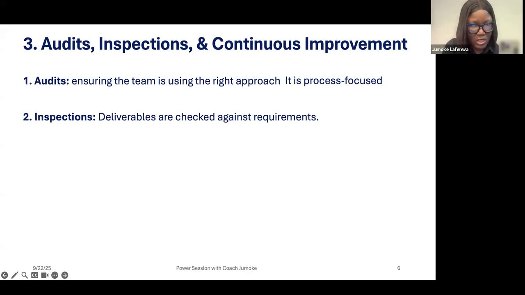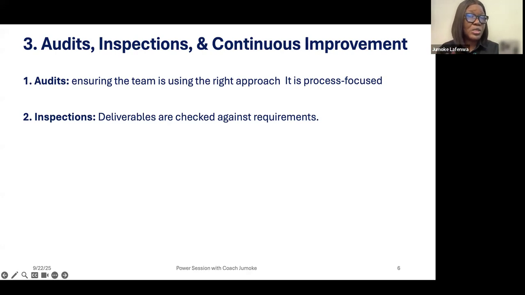This is the jollof rice. The color looks like what she wants. The taste looks like what she wants. The texture feels like what she wants. That is inspecting. So you cannot inspect without really having the deliverables, okay? Audit, you don't need the deliverable. It's about the process. Inspection, it's about the deliverables.